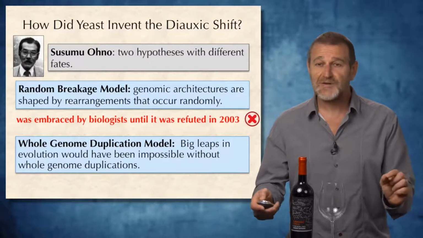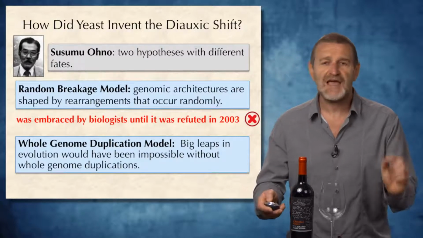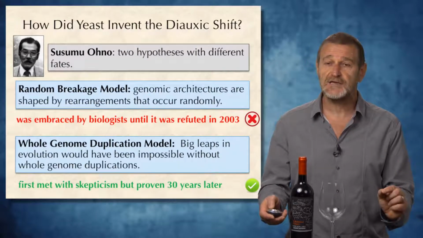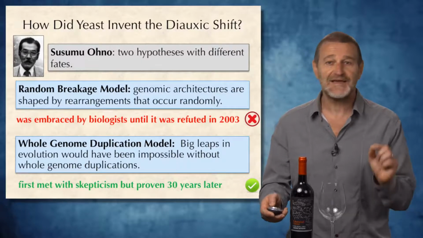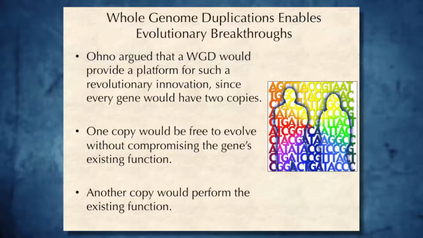And whole genome duplication, in contrast to the random breakage model, was at first heavily criticized by biologists. They did not believe in it for 30 years until it was confirmed just 10 years ago, roughly at the same time when the random breakage model was refuted.